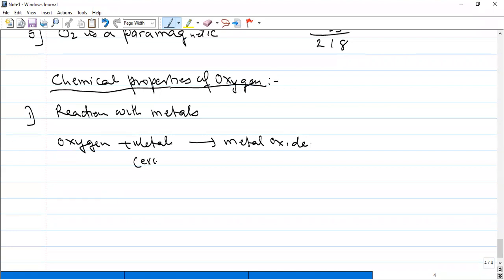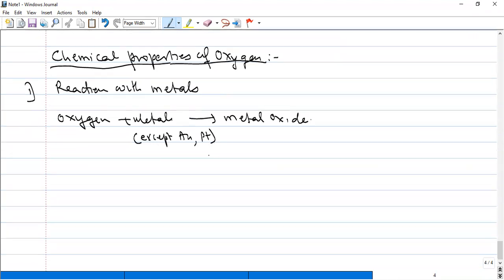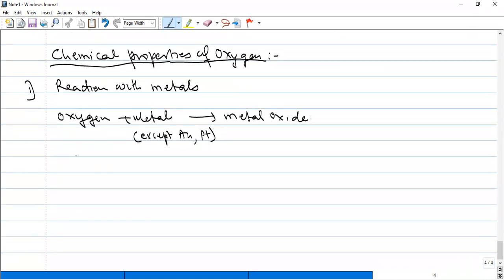Except gold and platinum, they don't react with oxygen. We take aluminium. Aluminium reacts with oxygen and forms aluminium oxide. Calcium reacts with oxygen.